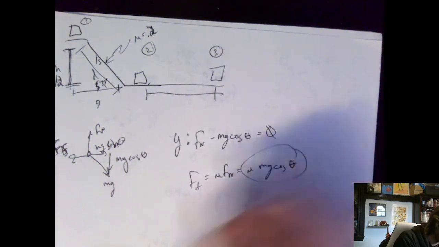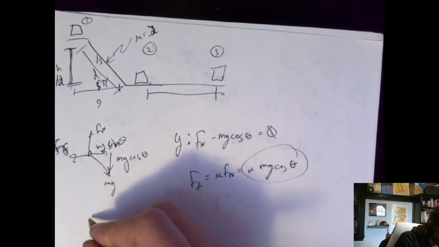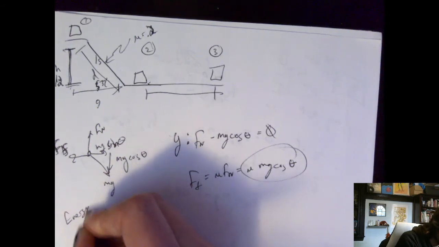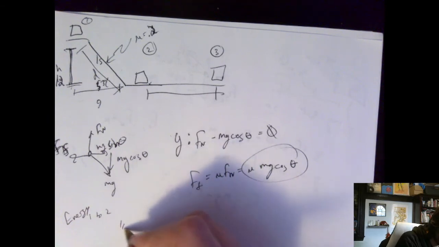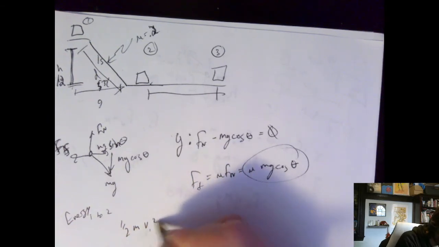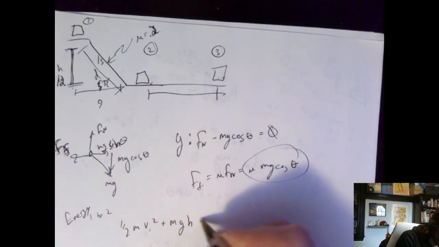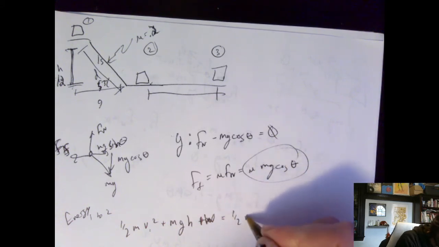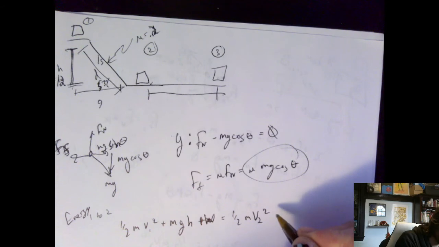So if we do our energy between 1 and 2, what we'll get is 1/2 mv1 squared plus mgh, plus our work, is equal to 1/2 mv2 squared.